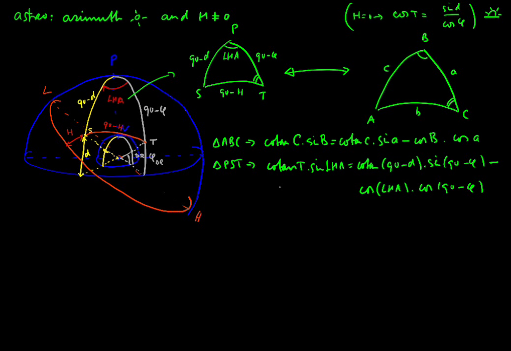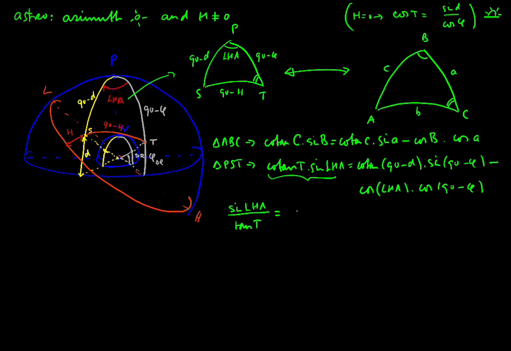Let's make this a little bit more simple. This part here we can write as the sine of the local hour angle divided by the tangent of T. That's what the cotangent means, 1 divided by the tangent.